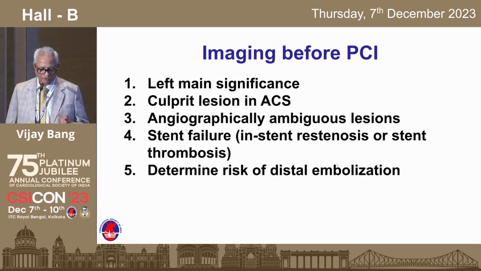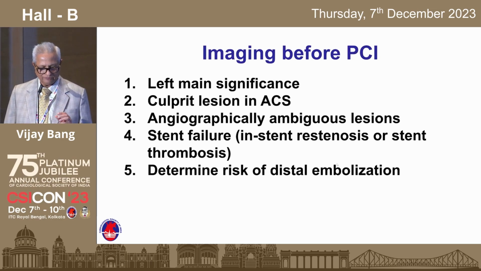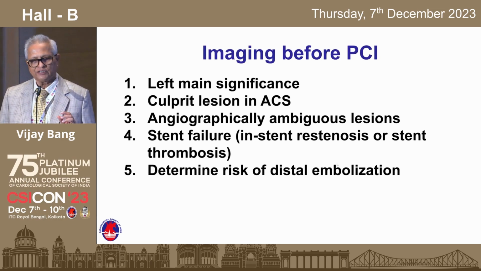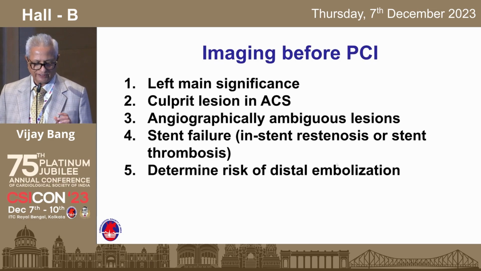Before starting a PCI, before doing imaging, if the lesion is tight, we have to dilate it first and then let the catheter go through for imaging with IVUS, and find out whether the lesion is significant or not and whether we need to do anything about it.